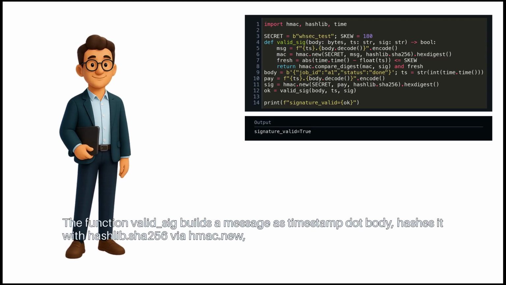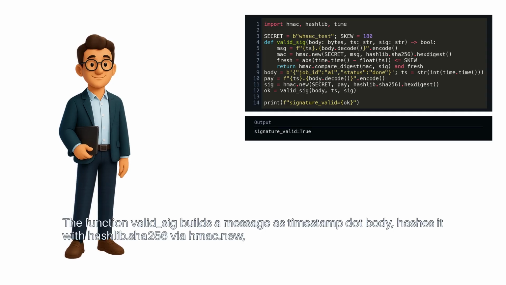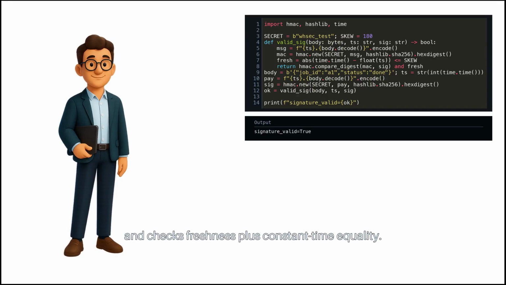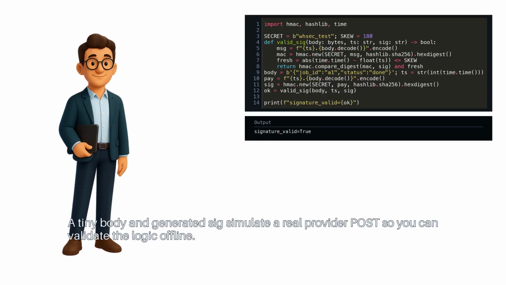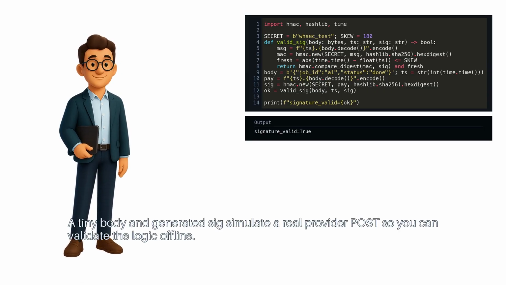The function valid_sig builds a message as timestamp.body, hashes it with hashlib.sha256 via hmac.new, and checks freshness plus constant-time equality. A tiny body and generated SIG simulate a real provider post, so you can validate the logic offline.